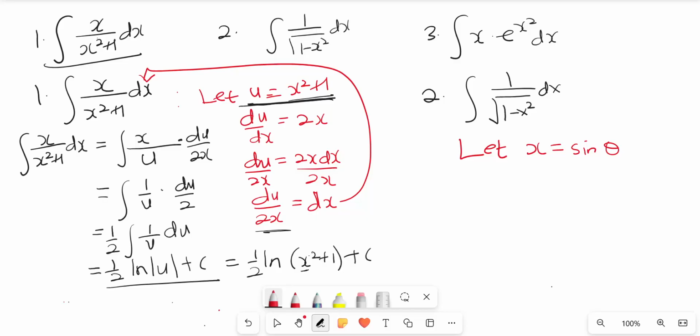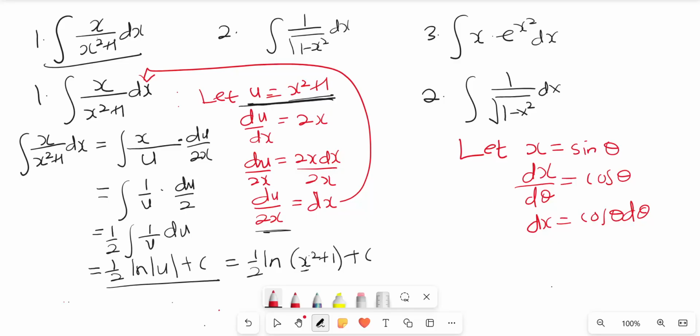We do not have the value for dx in terms of theta, so we can do that by differentiating. dx over d theta should be equal to cosine theta, because when you differentiate sine theta, you get cosine theta. So you multiply both sides by d theta, and dx should be equal to cosine theta d theta. So we have our expression for x, which is sine theta, and an expression for dx, which is cosine theta d theta.